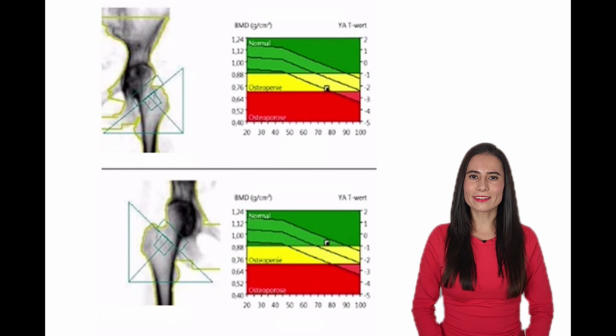The first type of errors in the DXA scans of the hip are artifacts. Artifacts may arise, for example, when the patient moves during the examination. Another type of errors is related to the inability to correctly position the patient.